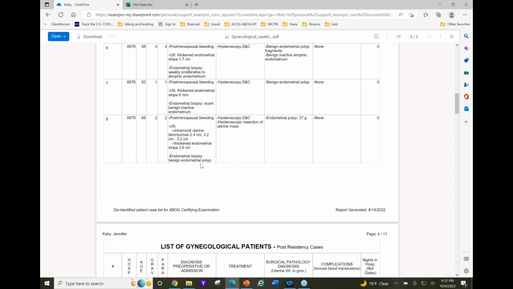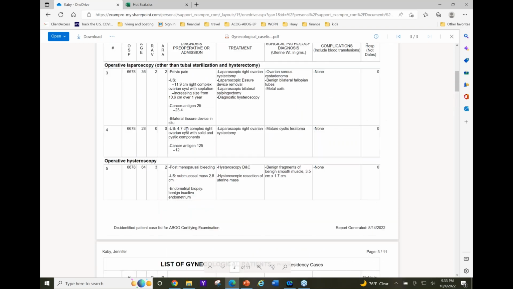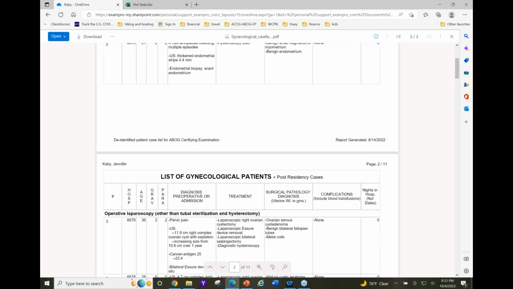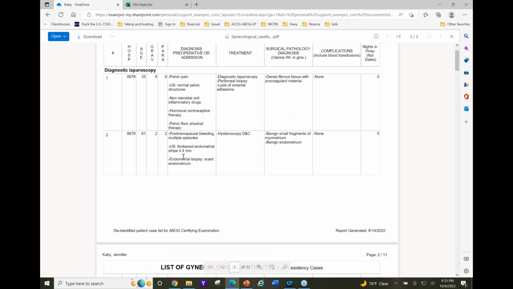What I mean by that is that really 4 millimeters is more reassuring. It has a high negative predictive value for endometrial cancer when the endometrial lining is 4 millimeters or less. But there are a lot of women, like your case number 3, I think it was, or 2, she has an endometrial stripe of 4.4 millimeters.